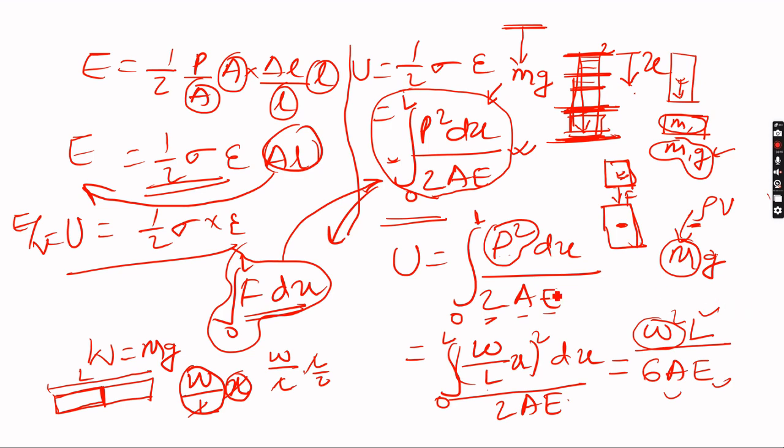So you just have to put the value of rho here. We'll go to the next page. So finally we have calculated the stored energy, it is coming W square L by 6AE. We have to find out the value of this W, and W is nothing but M into G. So now we have to relate it.